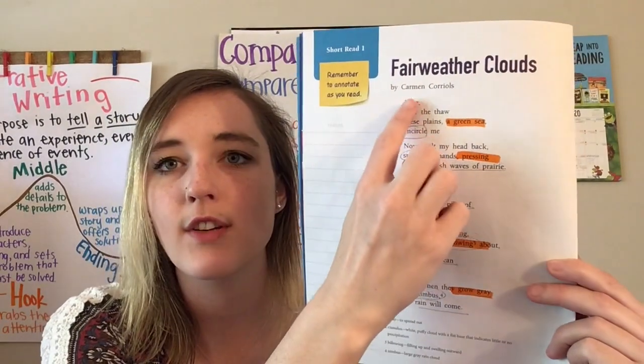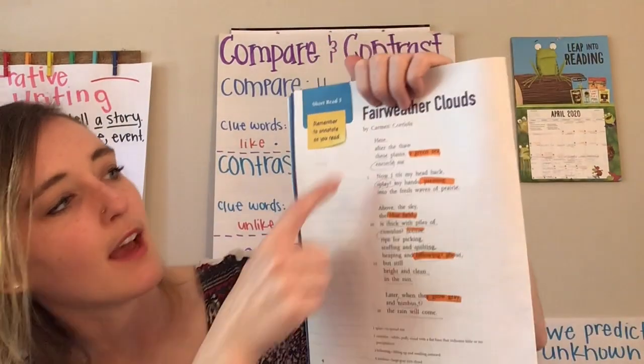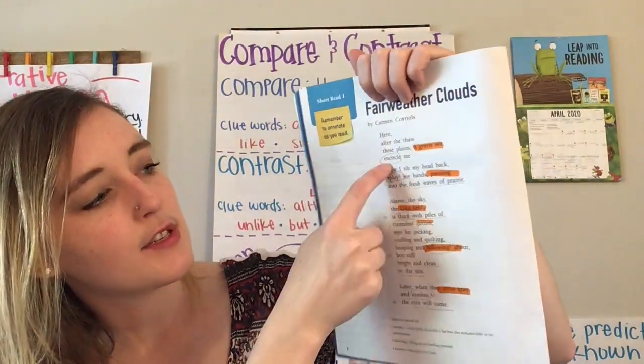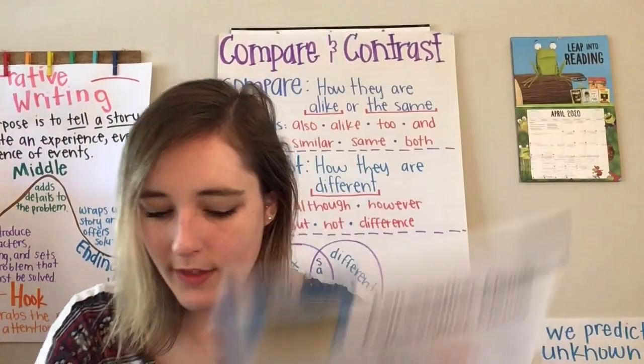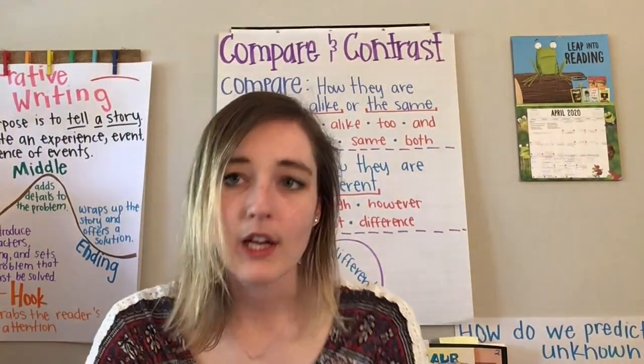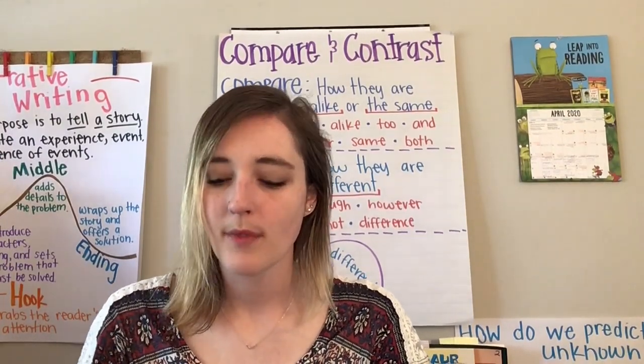So lines are each of the individual lines, and then a stanza is a grouping of lines. So here's a stanza, here's one, and here's one. So for the structure of Fairweather Clouds, it's a poem. Okay, so you would write that down.